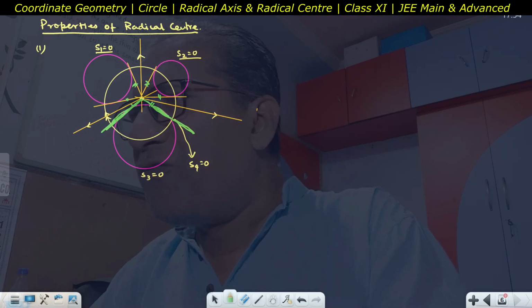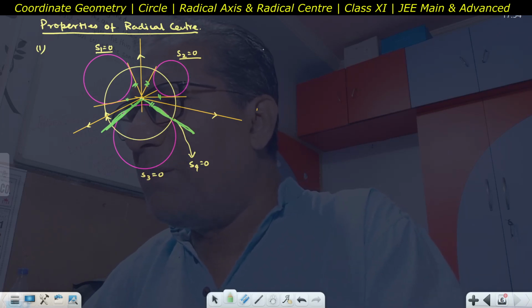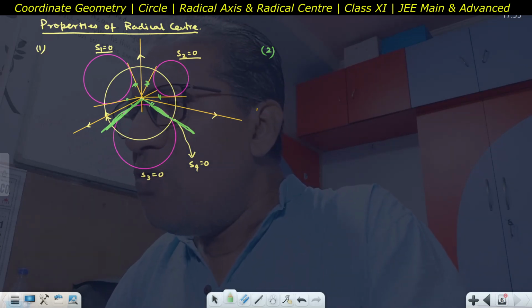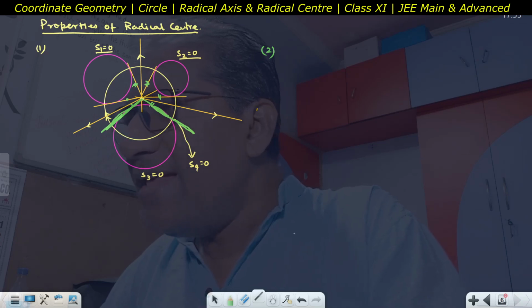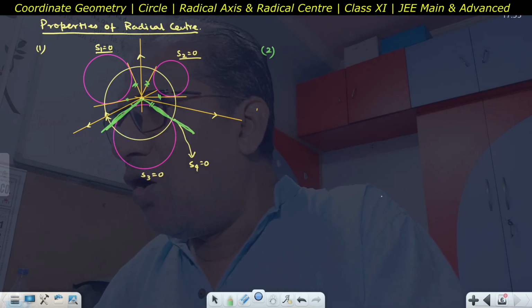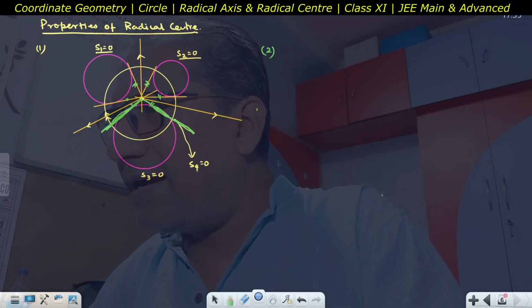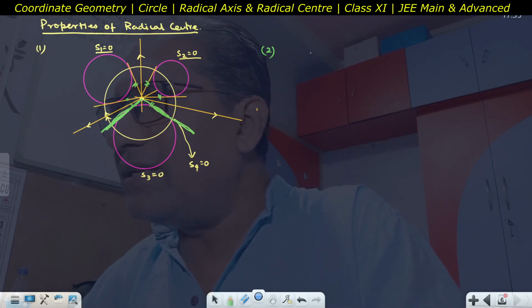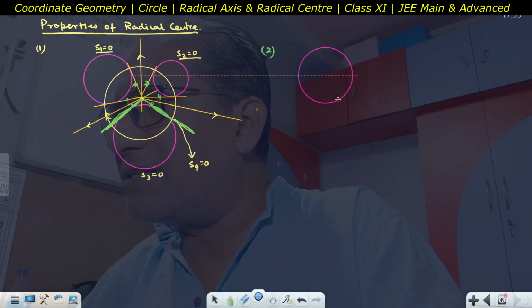Now let's move to another very interesting property for the radical center. It states that if you draw three circles on three, let me first draw the diagram and then I will explain what this property demands.